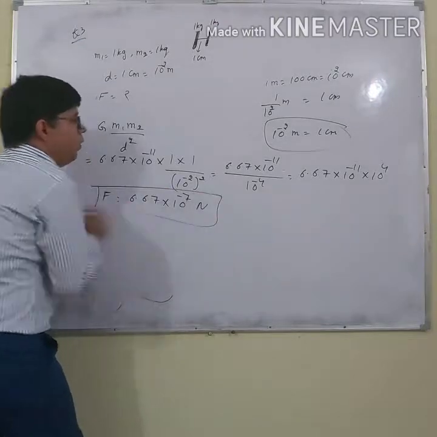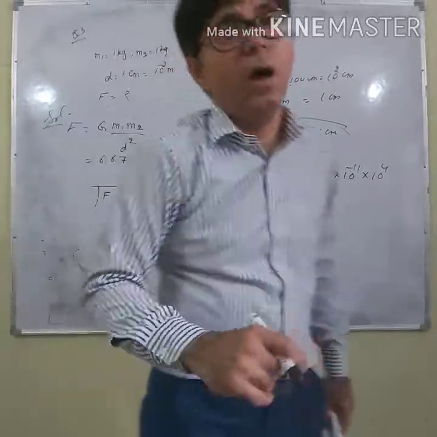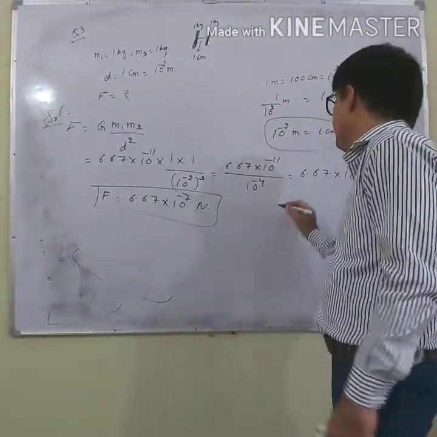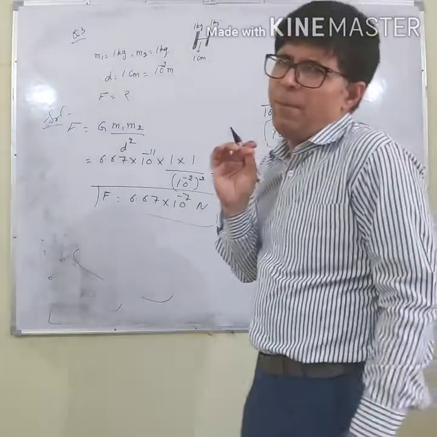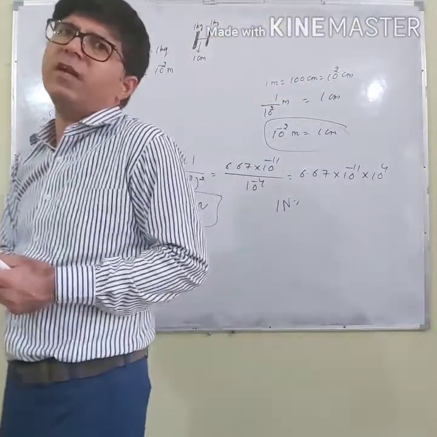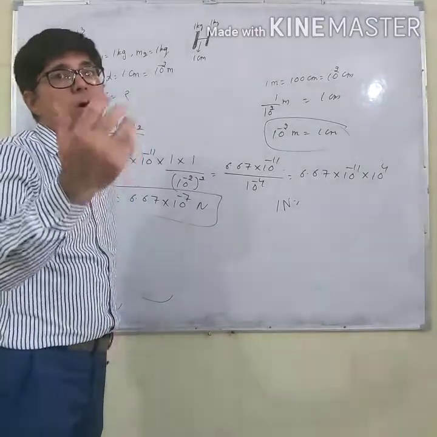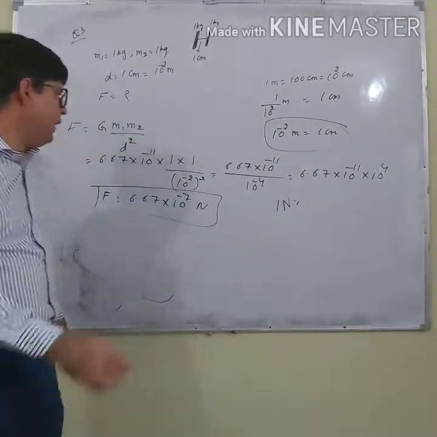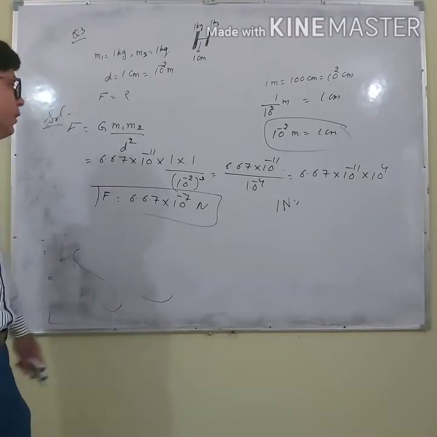You know, this force is very small. Can you imagine how small this force is? Listen students, 1 Newton is approximately the force required to lift an object of 100 gram. If I want to lift a 100 gram object, I have to apply a force of 1 Newton.